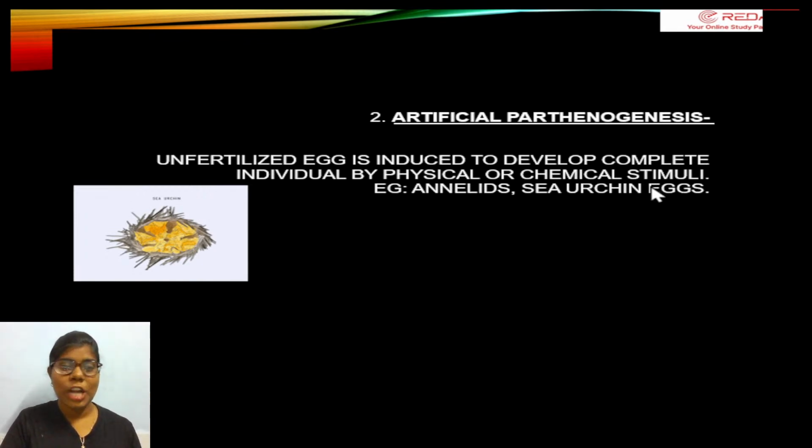So it does not happen naturally; we are giving some stimuli to the organism to produce the next generation. It can be physical or chemical, by adding some chemical or some physical parameters, like varying the temperature in the lab, or changing the pH.